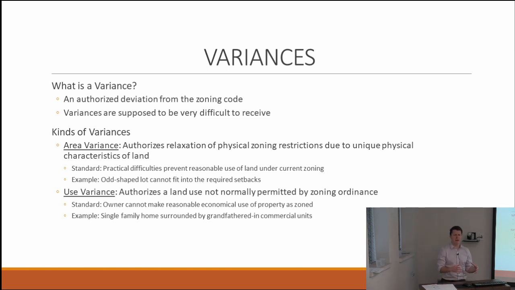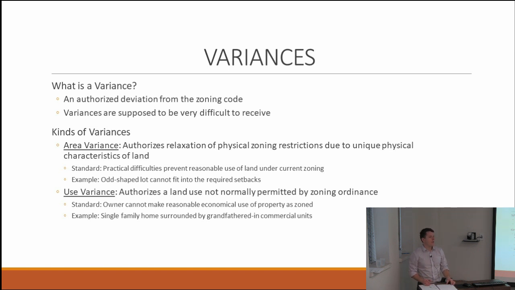There was something unique about the way that this parcel was situated. They can ask for an area variance to say, we want to put our house outside of the setback, or any other type of deviation from the area. You can think about properties that have strange topography, like hills.